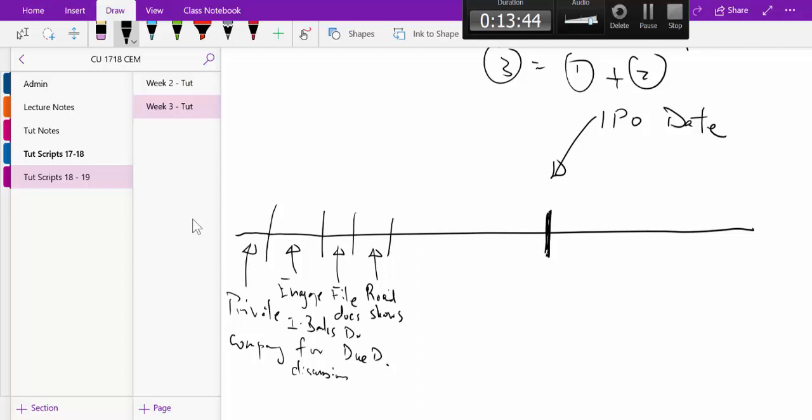Then a bit closer, maybe just a couple of months before, you are going to issue the prospectus, and then you're going to take orders and subscriptions.